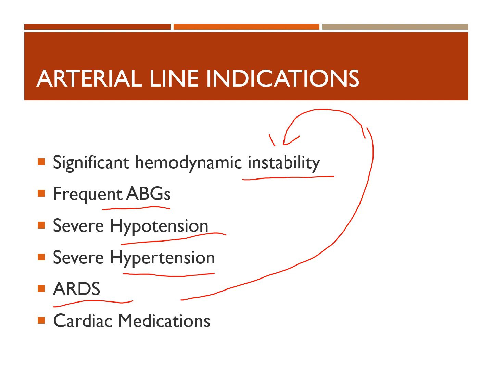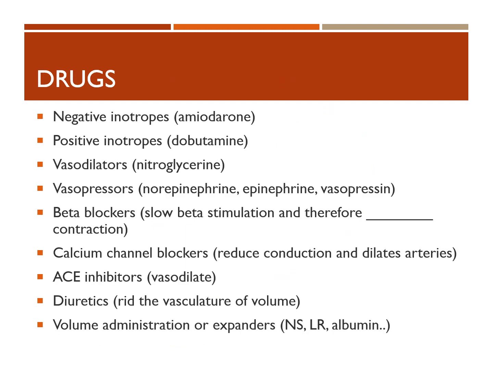So there's a reason why this is going to be a good thing for these patients. It also can help us look at things like left ventricular function and all that stuff, and we'll get into that a little bit later. Like I said, if anybody's on a lot of cardiac medicines, especially post-op hearts, they're going to be on art lines, and we want to make sure that their heart is still getting good value.